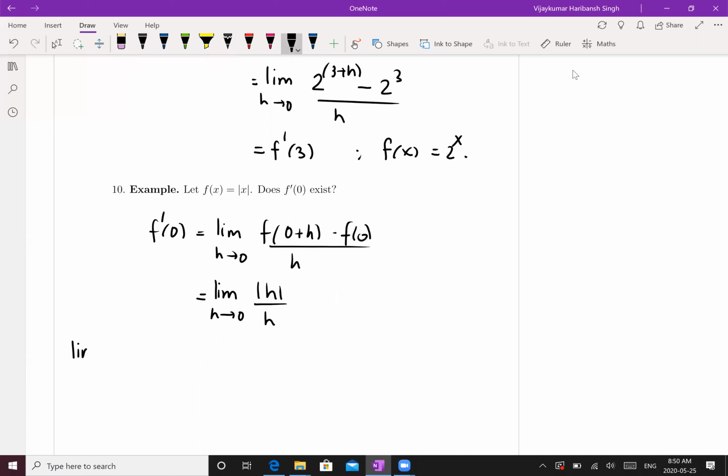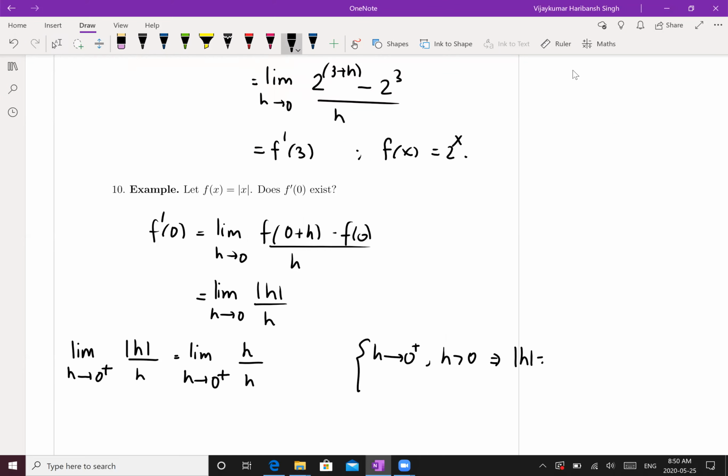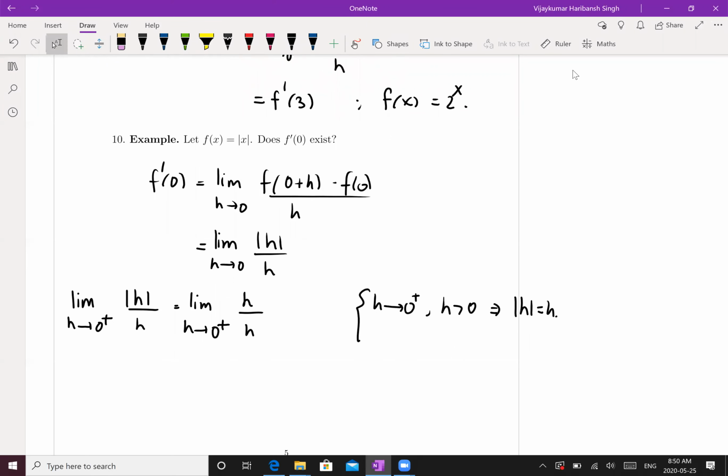The limit as h goes to 0 plus of the absolute value of h over h is going to be the limit as h goes to 0 plus of h over h. Why is that? If h goes to 0 plus, h is greater than 0. So this would imply the absolute value of h is equal to h. So in that case, h over h is going to be 1.